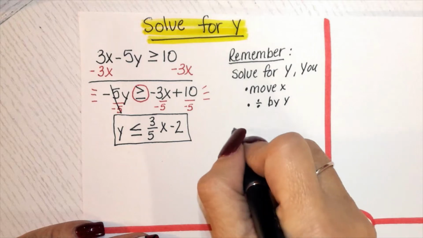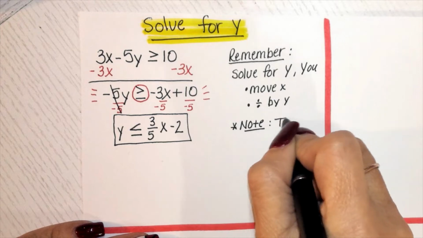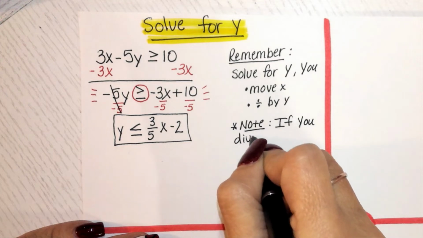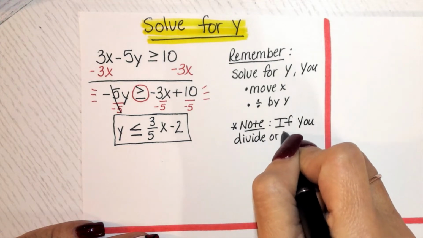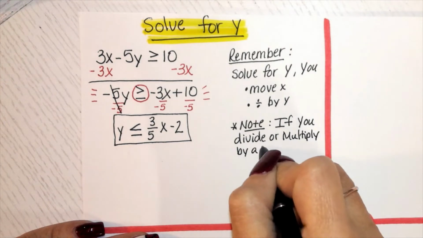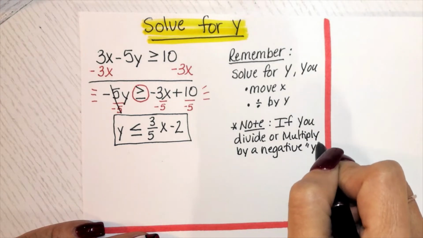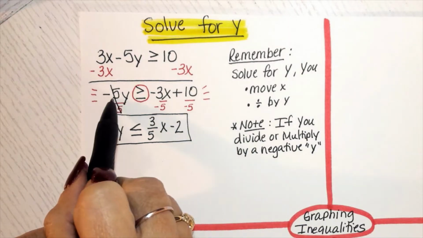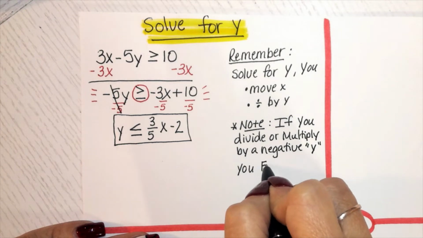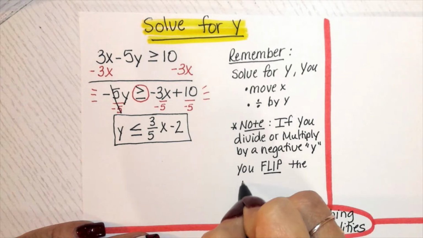Now, the other thing is, note, if you divide or multiply by a negative, and we're going to put in quotation marks y, meaning if that y value that we divide by is negative, you flip, and I'm going to do flip all capital, you flip the inequality sign.